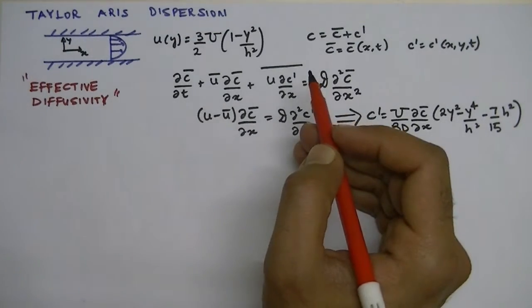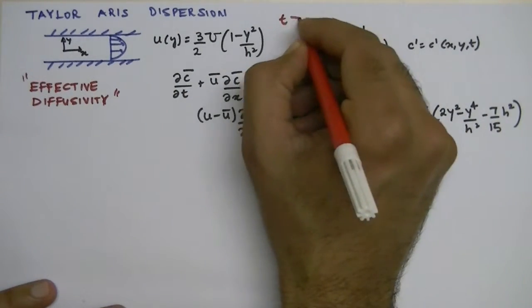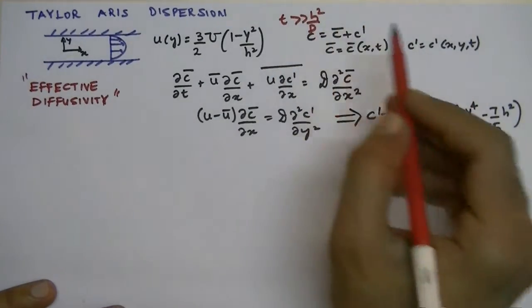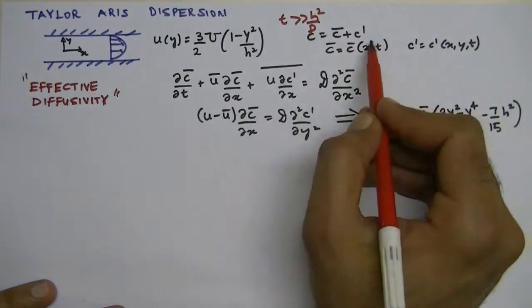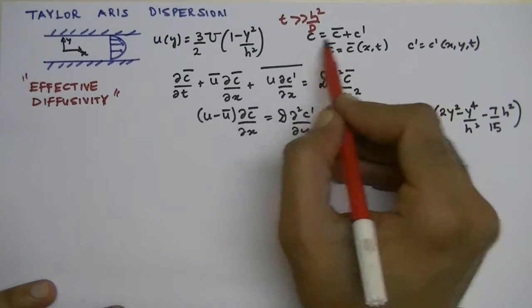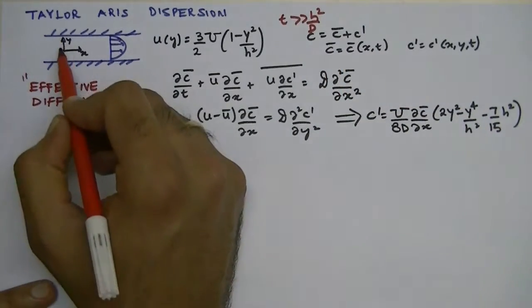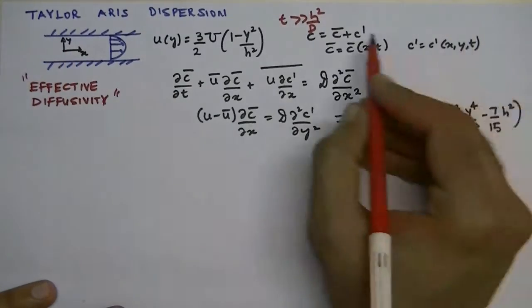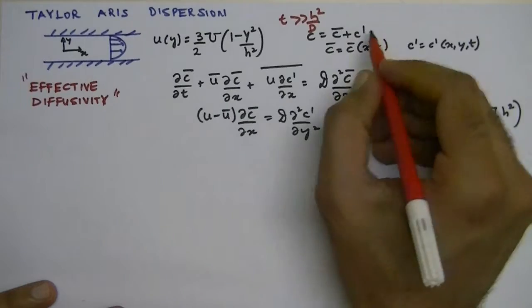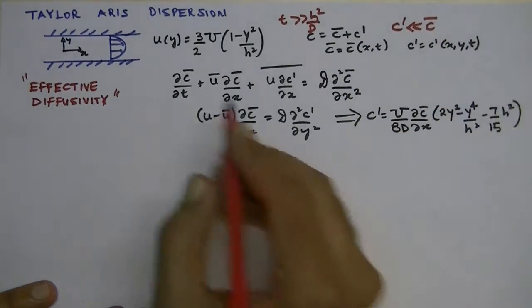Now, till now, what we have done is that we are looking at time scales which are larger than the radial diffusion time scales, and for such time scales we expect that the solution for concentration can be split into the depth average concentration, which is not a function of the y coordinate, plus this small perturbation C prime, which is significantly smaller than the mean concentration.